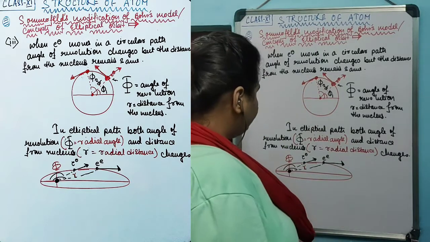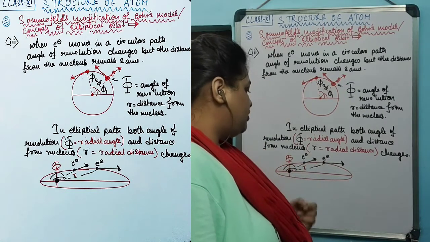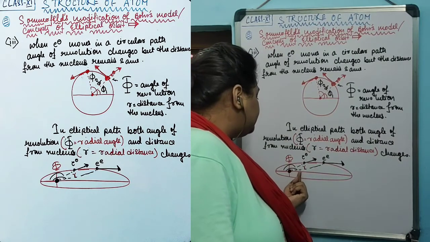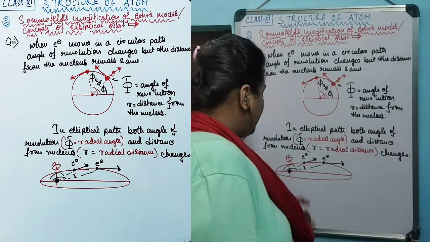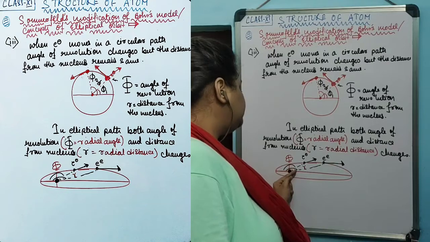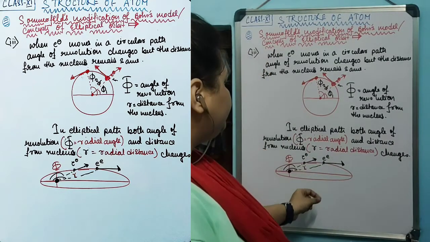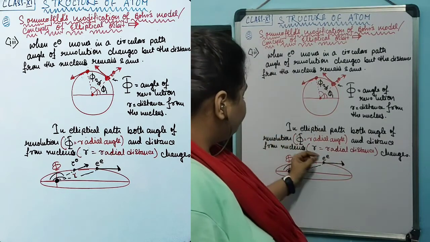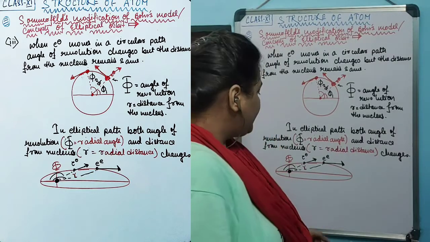After some instants, the electron moves from this point to this point, and the distance from the nucleus, represented by this dotted line, has increased, has changed. Along with it, the angle of revolution has also changed compared to the previous one. So the radial angle and the radial distance, both change with time during this elliptical revolution of the electron around the positively charged nucleus.